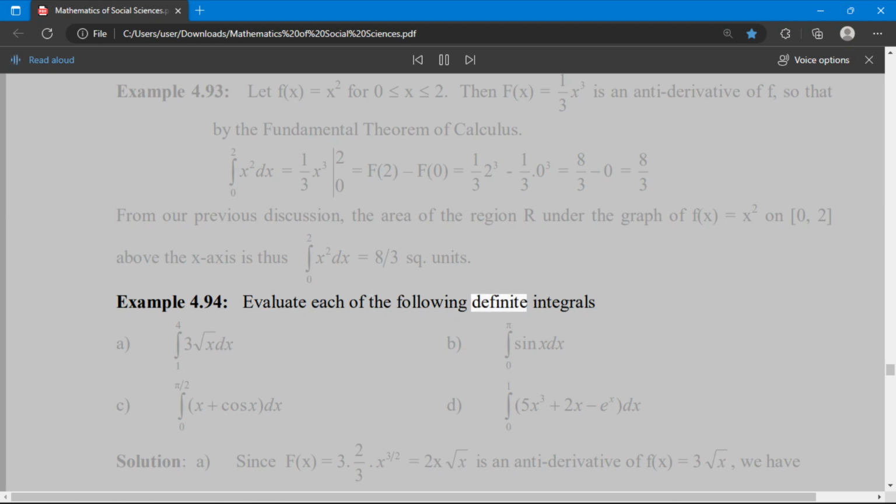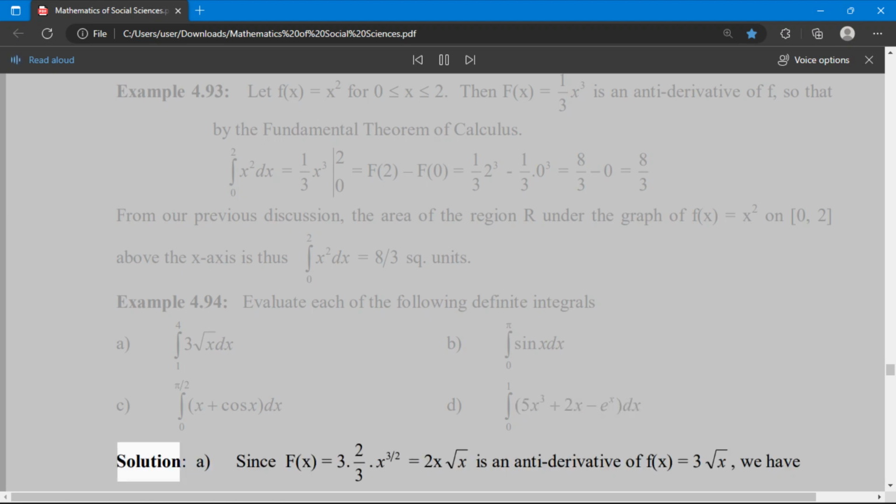Example 4.94. Evaluate each of the following definite integrals: a. ∫₁⁴ 3x dx, b. ∫₀^π sin x dx, c. ∫₀^(π/2) cos 2x dx, d. ∫₀¹ (5x² + e^x) dx. Solution.